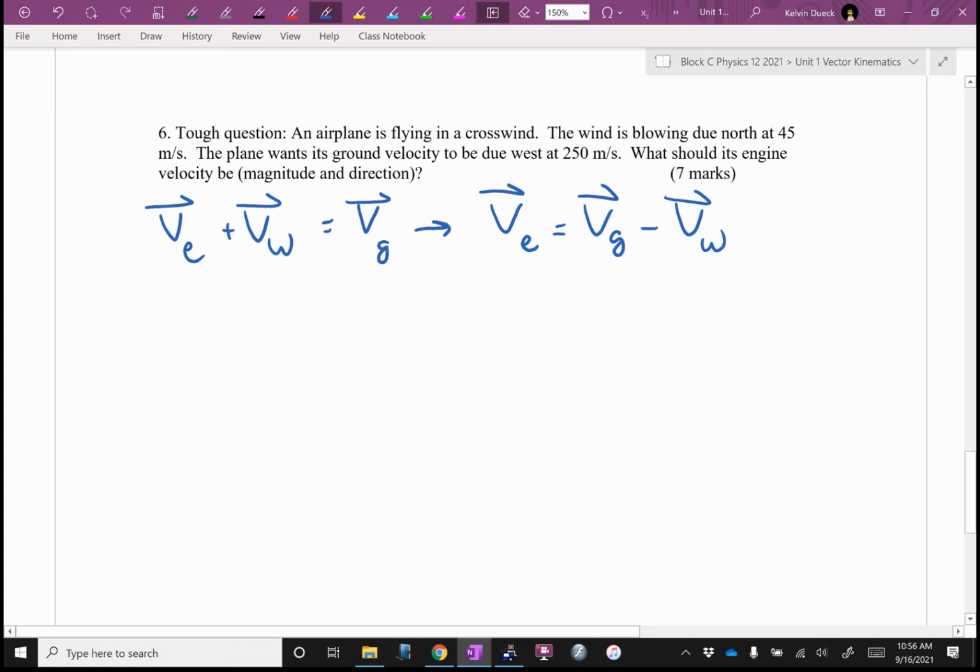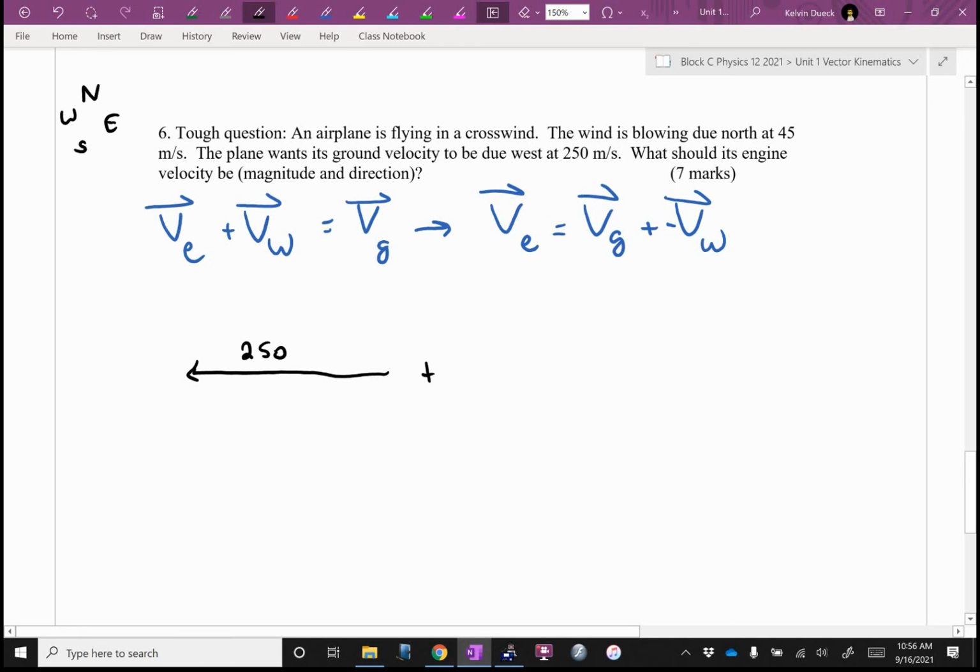Okay. I'm going to subtract vectors. How do I subtract vectors? I don't. I add the opposite. So v ground apparently is due west, and that's got a magnitude of 250. And I'm going to add to it the opposite of the wind.